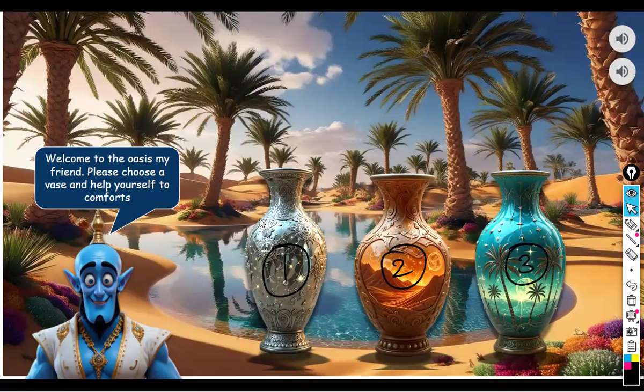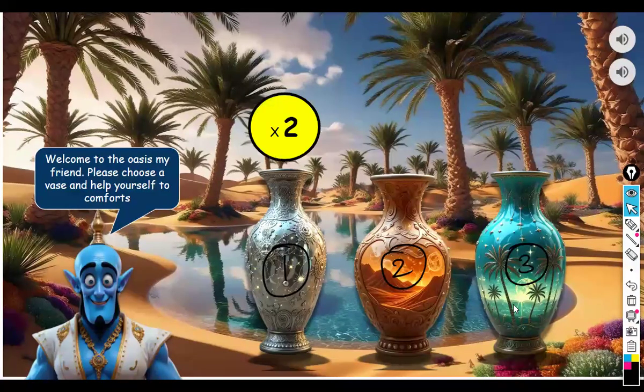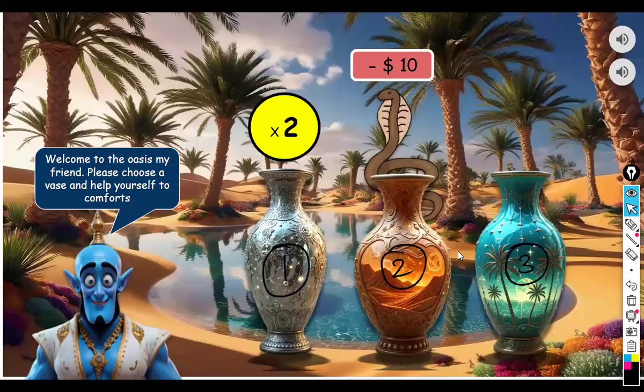All right, so people are sending in their choices. Let's see if you got lucky. The first vase, for people who chose the first vase, take all the money you have right now and double it, multiply it by 2. So that's a good one there, right? The middle vase, oh no, it has a snake, a cobra in it, minus $10.